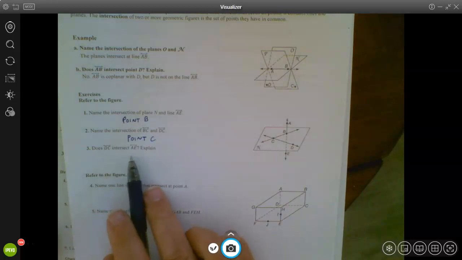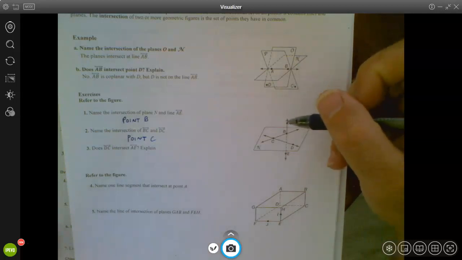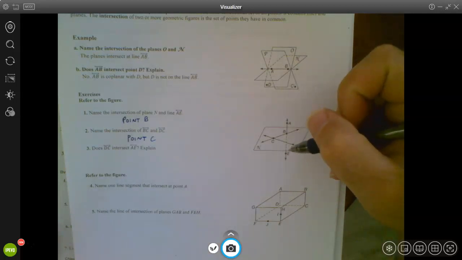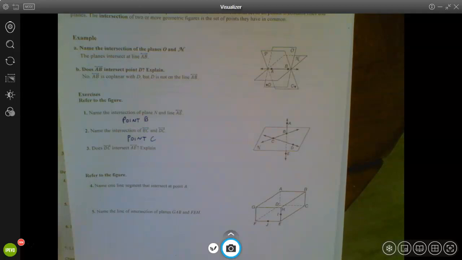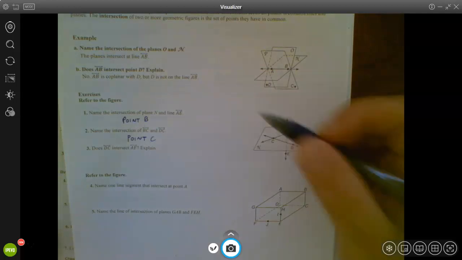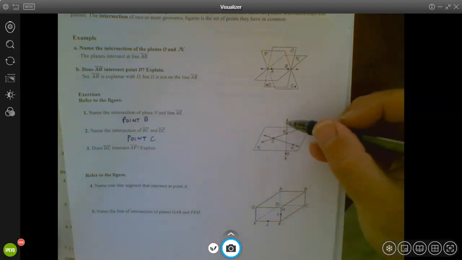Does DC intersect AE? So if you look right here, here's AE, here's DC. Do those guys ever meet? Do they ever intersect each other, right? And you can see right here that they are not on the same plane, right? We have this guy going this way, we have this guy going this way, right?